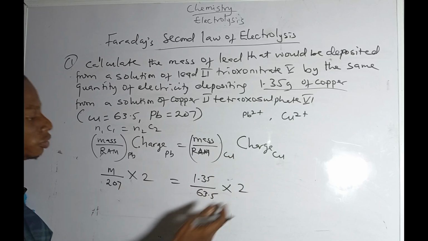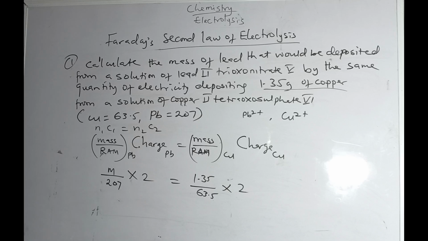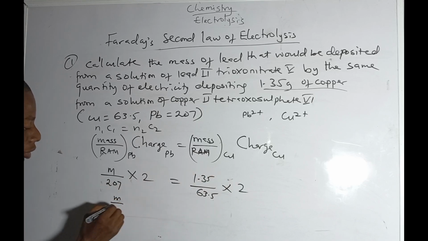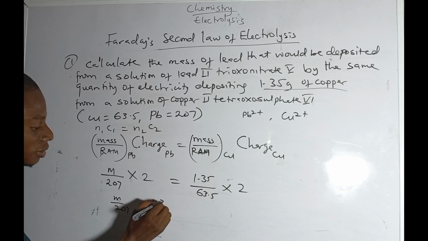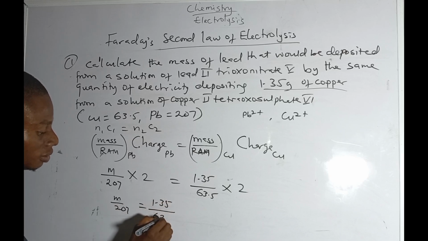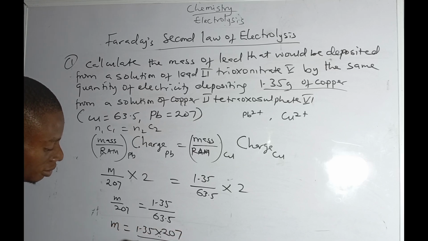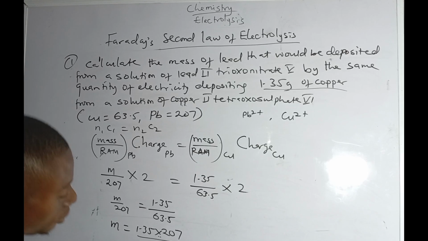So these two will cancel these two, or you can cross multiply. We're looking for this mass. So we have M over 207 is equal to 1.35 over 63.5. Making M the subject of the formula, you have 1.35 times 207 over 63.5. So there is the calculator to solve it.